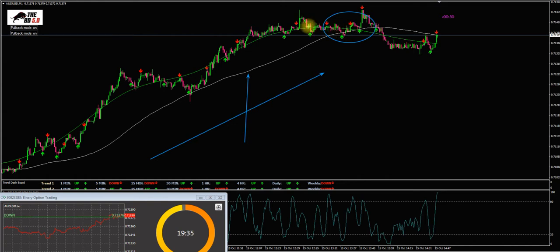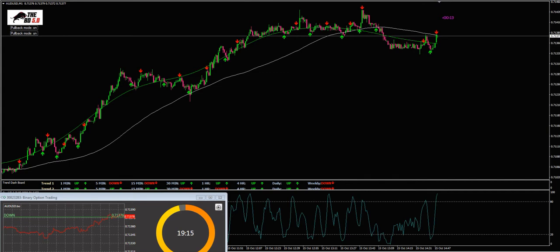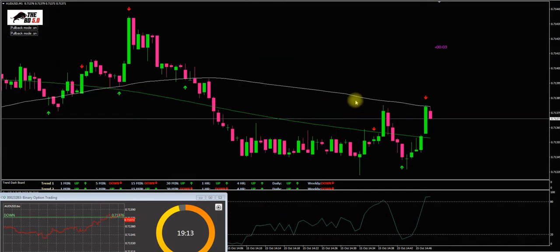So we had the green and the white crossing over here, which symbolizes a trend change. And then now we have the white line on top, which symbolizes downtrend. So uptrend, crossover, downtrend.